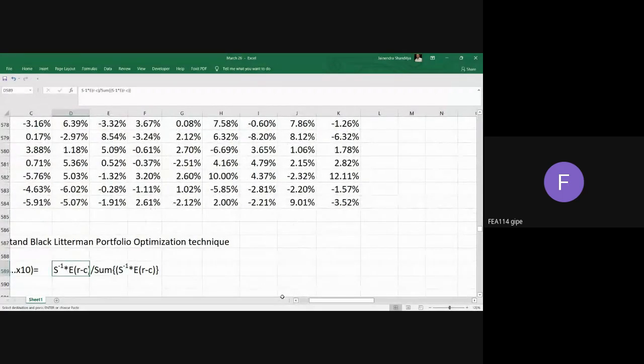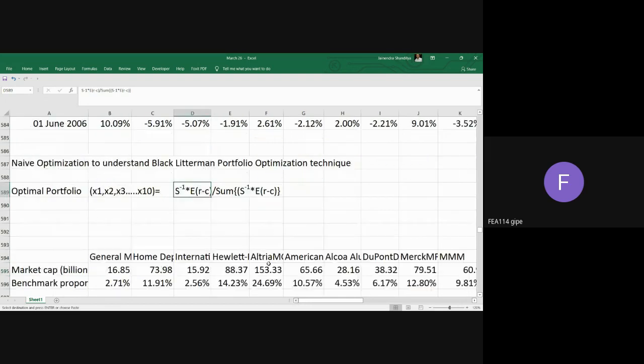This is the inverse of the variance covariance matrix multiplied by the excess return over the risk-free rate, and then we sum it up to normalize it to one proportion. Because if we just take the matrix inverse of S and multiply with the mean return of the portfolio minus the risk-free rate, we get Z, which will not be normalized, and then we need to normalize that. This is what we do in the optimal portfolio.